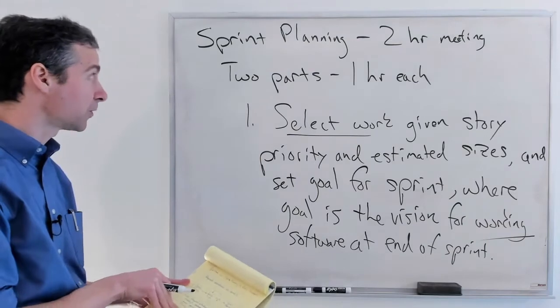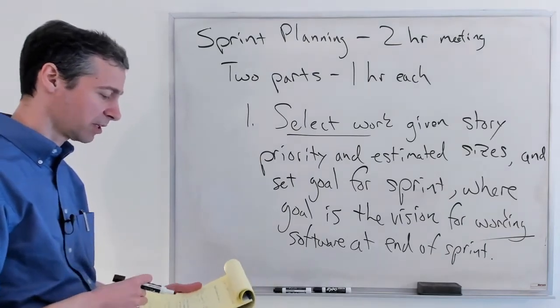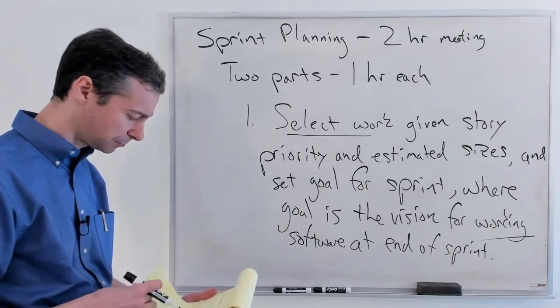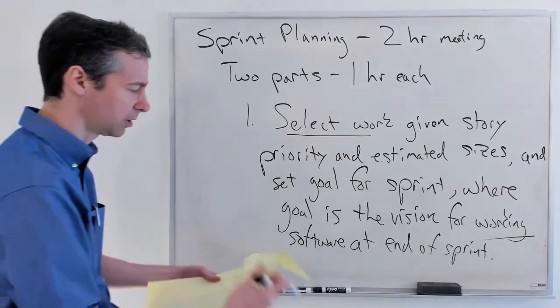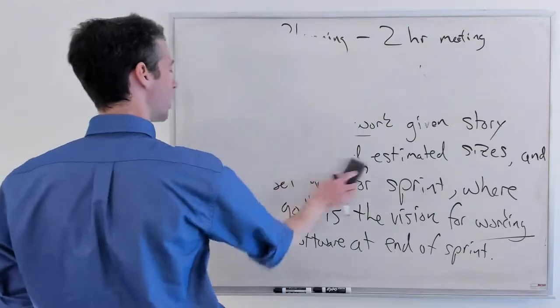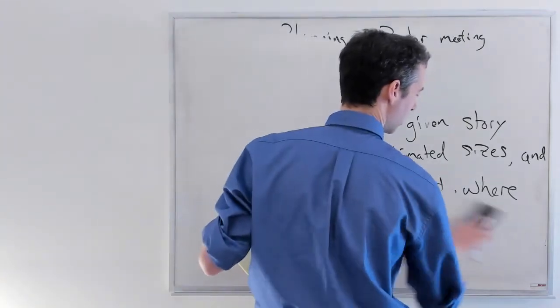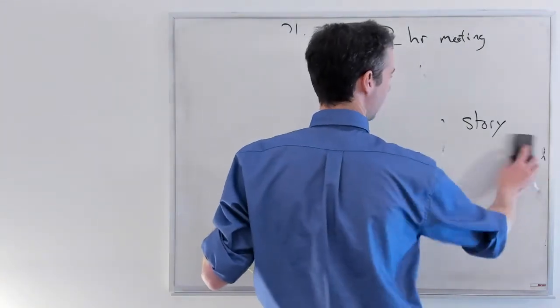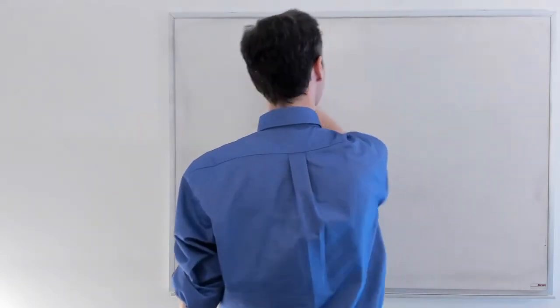All right, so that's the first part of the meeting, where you select stuff, and I'm going to go into the details in a moment. The second part of the meeting is where we figure out how we're going to approach all of the stories.